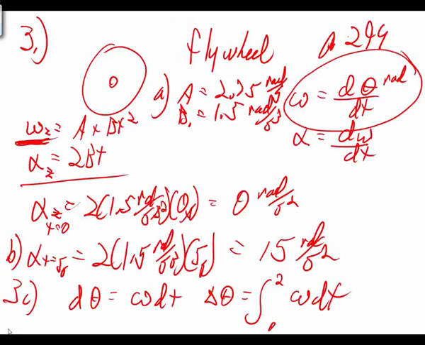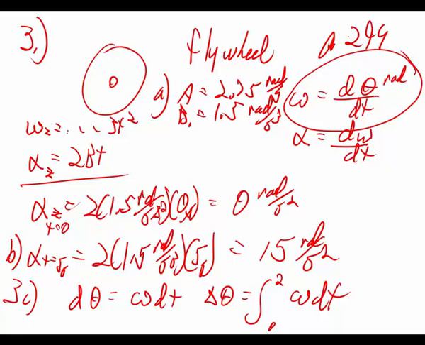The change in theta, or final theta, because initial theta was 0, it doesn't matter how you write it, is equal to the integral of omega. But now wait a minute, what is omega? I forgot that. What is omega?